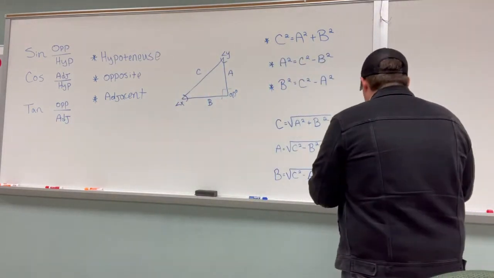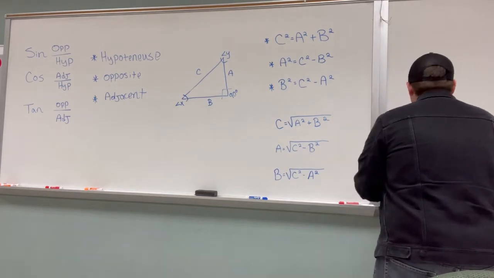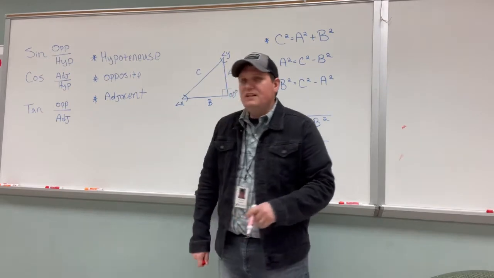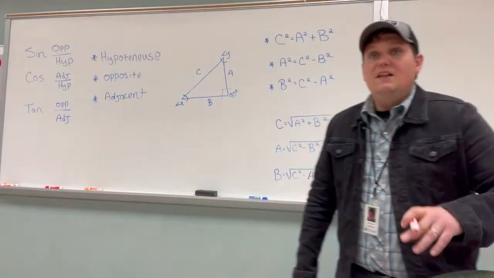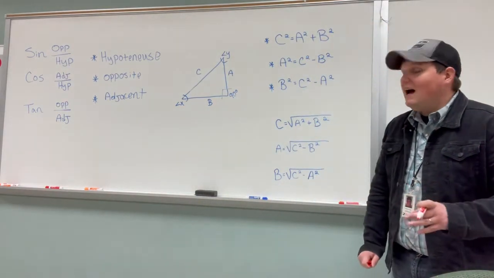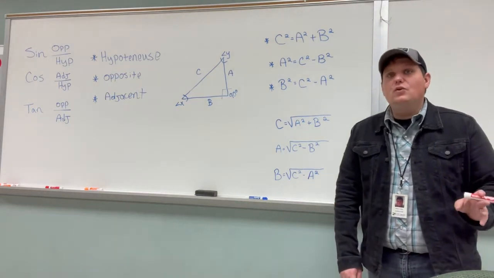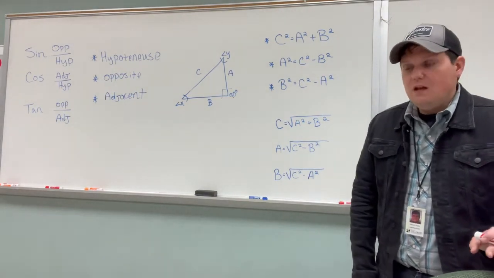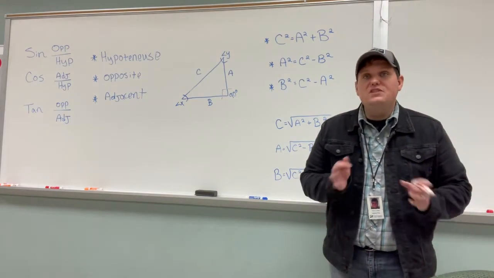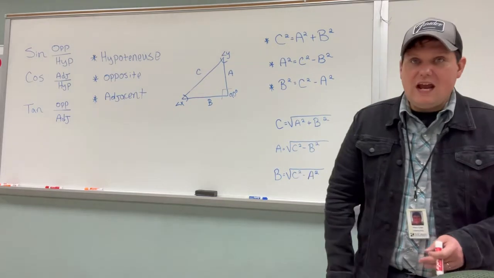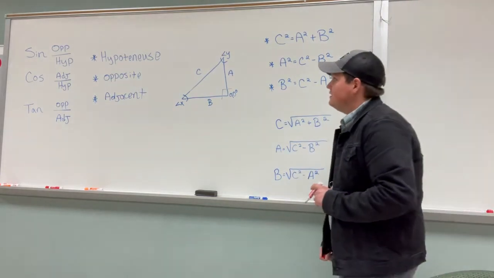Okay, so we have the opposite and adjacent sides. The opposite and adjacent sides are all dependent on which angle you are actually referencing. Therefore, the opposite and the adjacent sides can change depending on which angle that you are actually at.